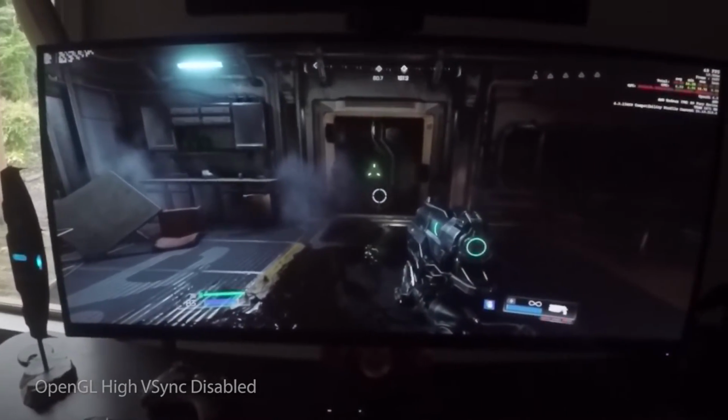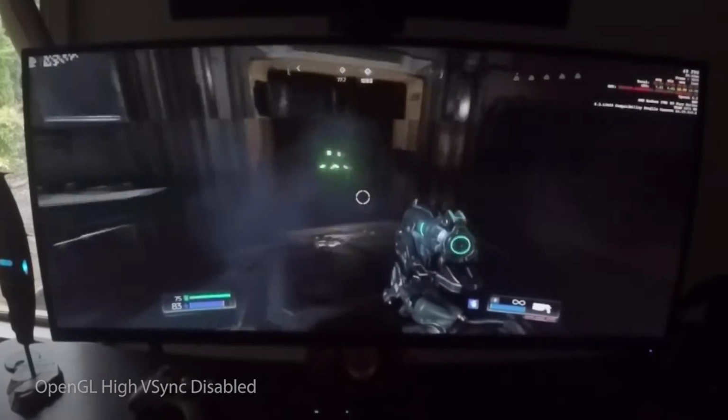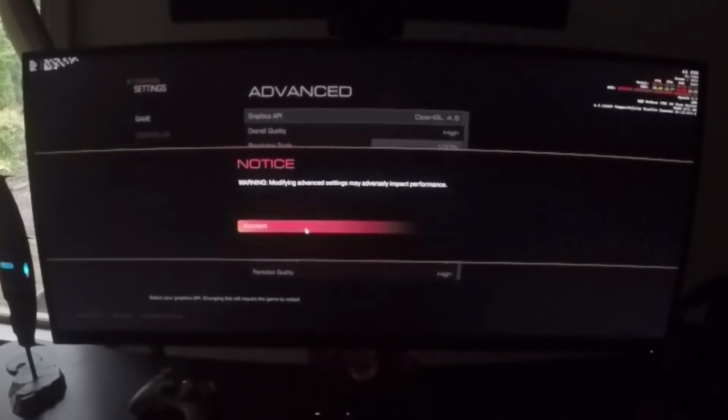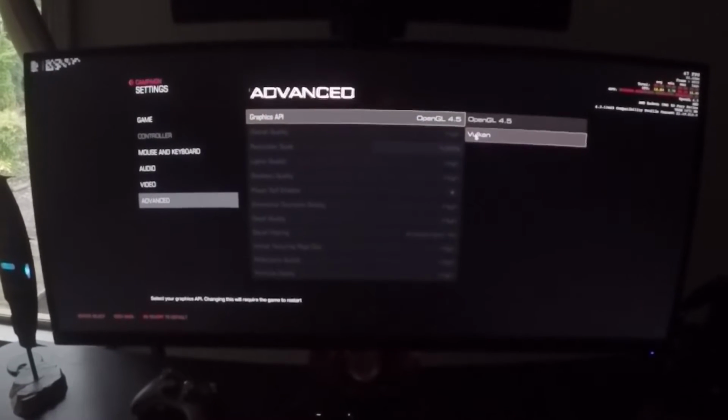Okay, so interestingly enough, I'm thinking, and we're going to try Vulkan one more time just to prove it, that that's part of the answer to this. Now, what I've noticed, and this might be the case, is that when in Vulkan, it's almost like the lower frame rates are more stuttery. Now, I don't know why that is.